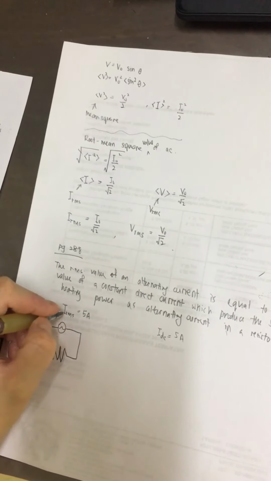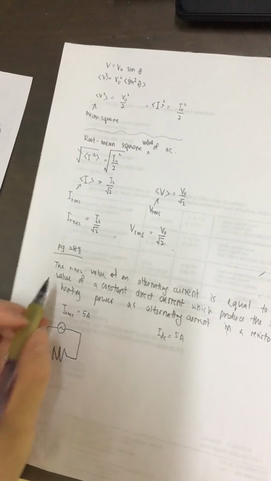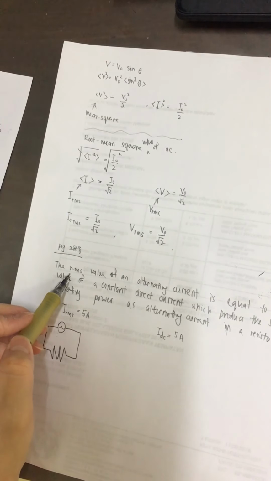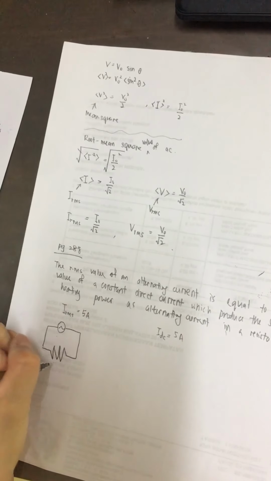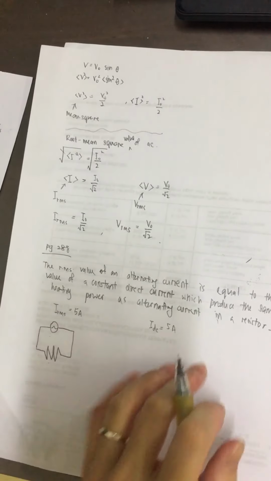But this I r.m.s is considered as the value that generates the same power through your resistor as your DC.